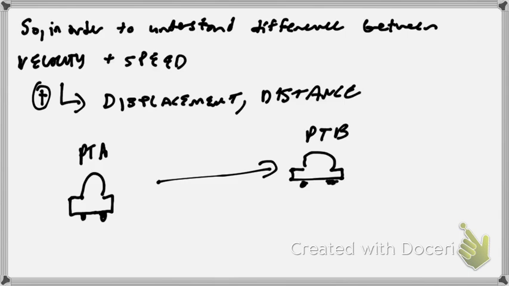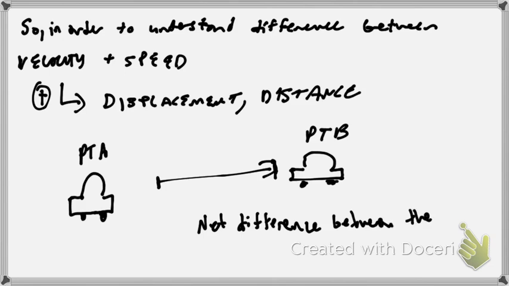The net distance, or the net difference between the two destinations, is called displacement.